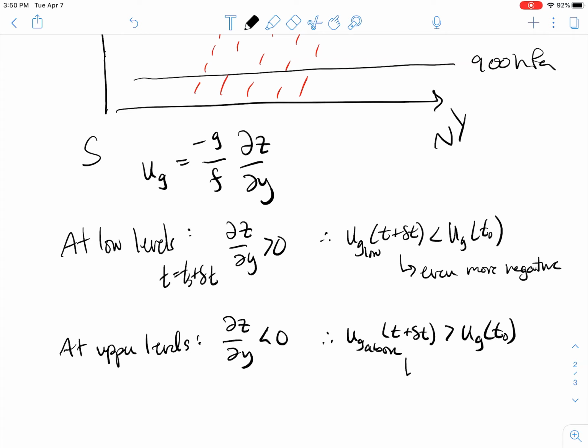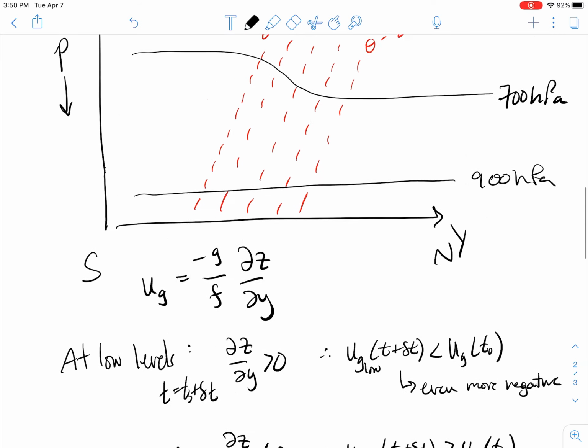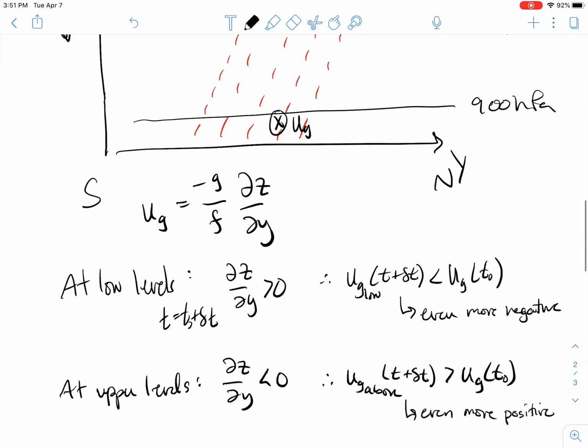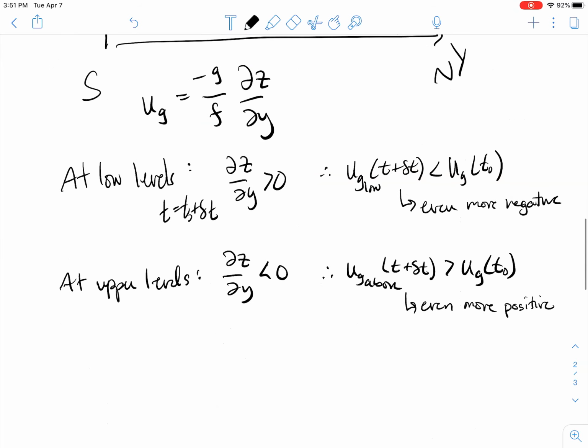And so this is going to be even more positive, such that from our original picture to now, we know that both our out of the board UG aloft and our into the board UG below are going to be greater than what they were originally.